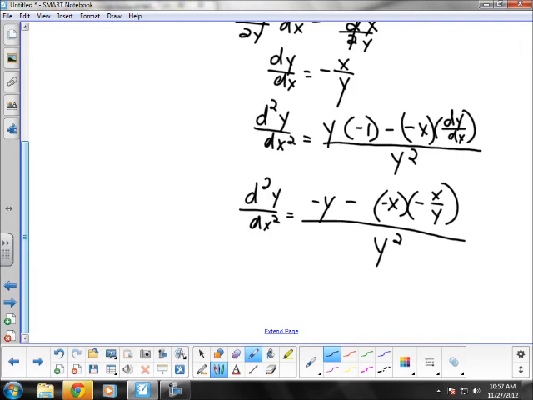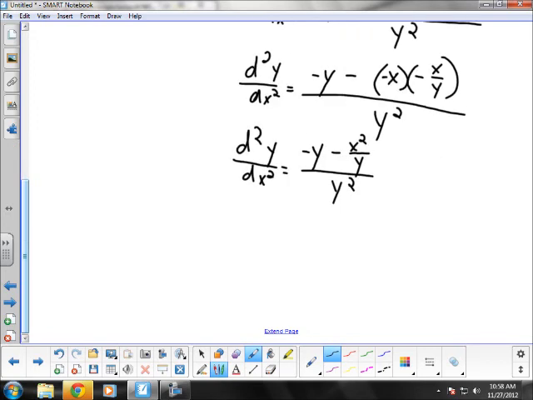All right. Let's look at this. So let's simplify it a little bit more. So I've got negative y minus x squared over y, all over y squared. Yes? So I got to get this together so that I can make it not be a complex fraction.